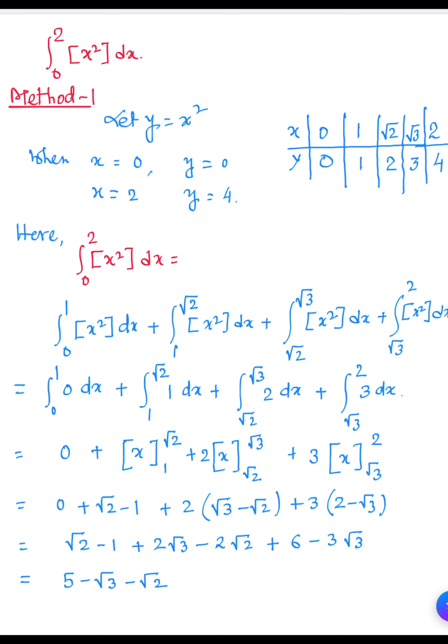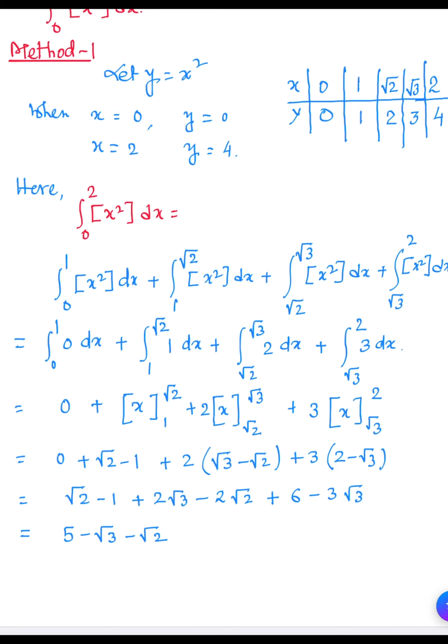Now we solve this problem through the graphical method. Let y equal x square.